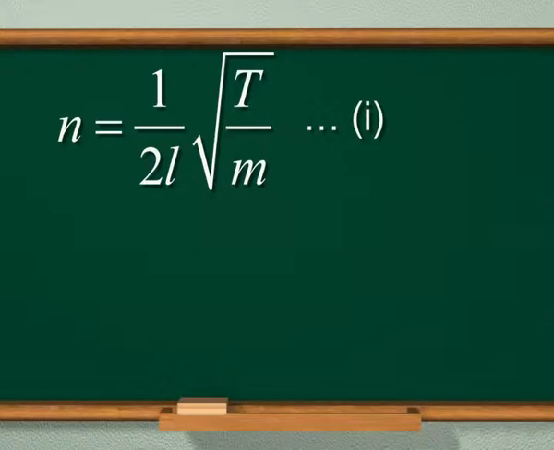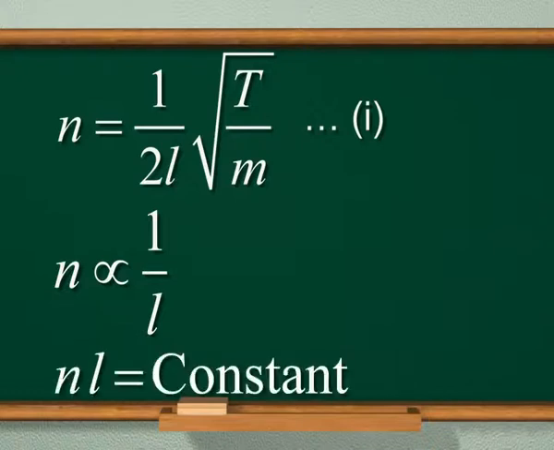Now for a given string of a fixed mass M, which may be stretched under a given load T, we can write n is proportional to 1 by L, which simply implies that n into L is a constant.